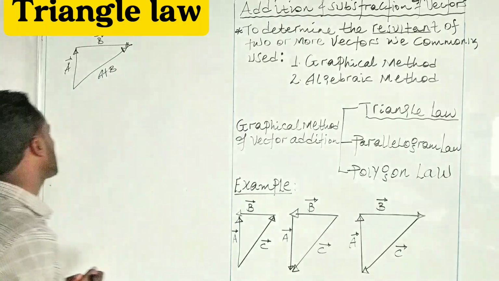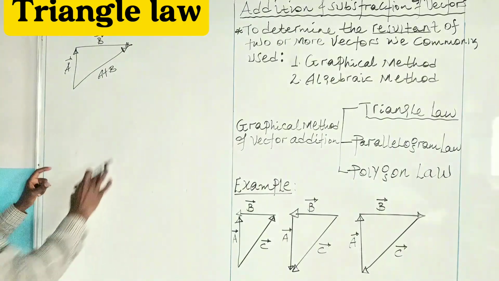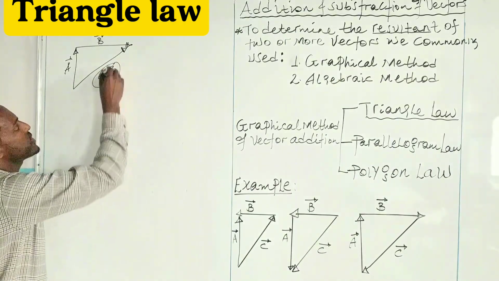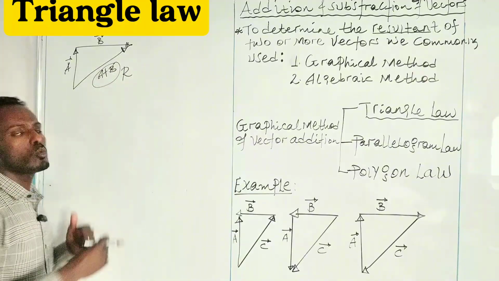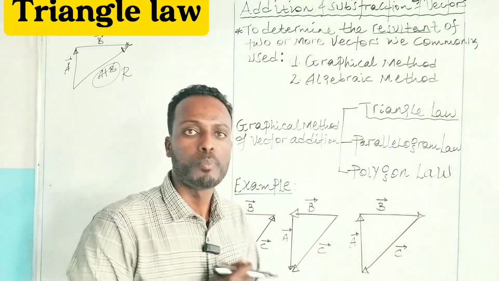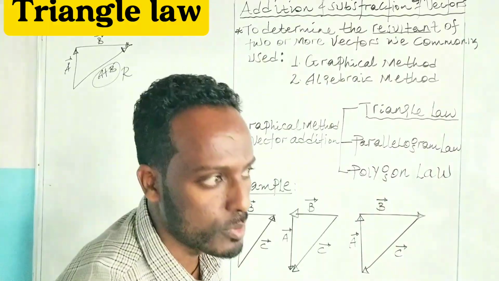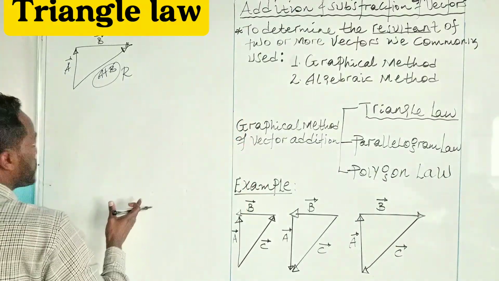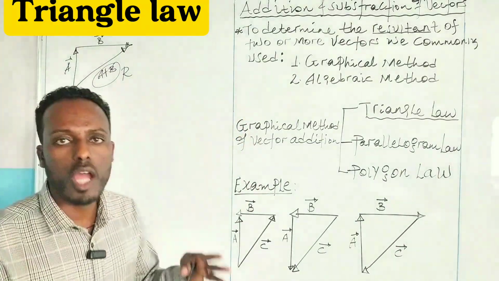The next question is, if it is all about the resultant or the summation of the two vectors, how do we find its magnitude and direction? To find the direction and the magnitude, simply you can use the sine law.